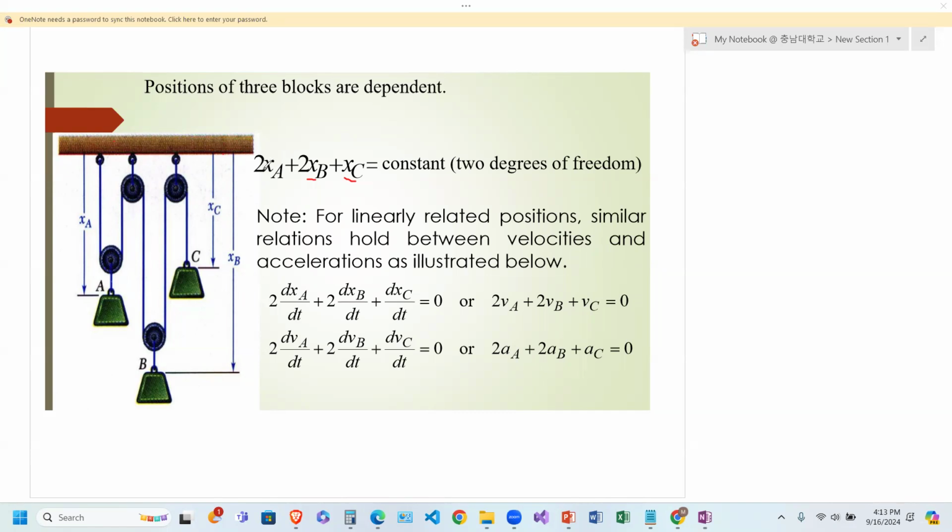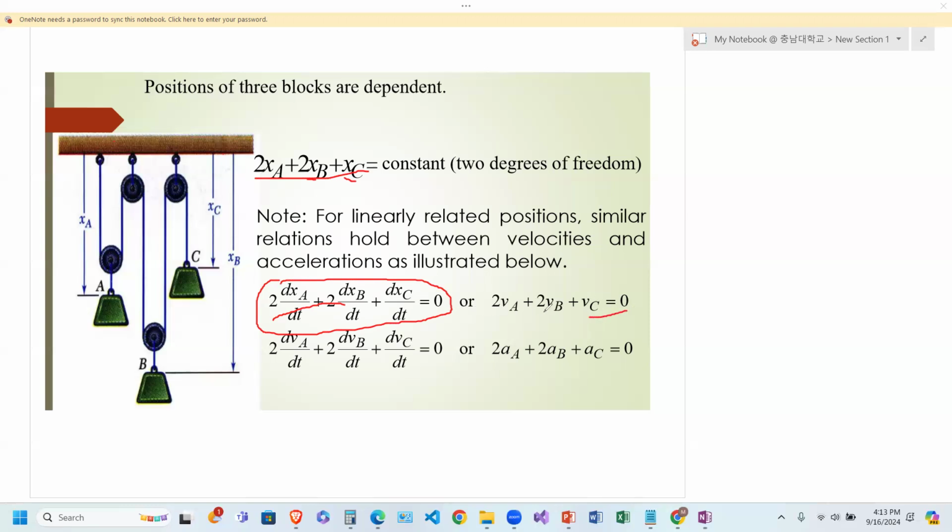So that means that if we differentiate 2XA, we are going to have twice the velocity A, then twice the velocity B, and velocity C. Sorry, this is what we have right here: if we differentiate this equation with respect to time, we are going to have twice VA plus twice VB plus VC equal to 0, right?